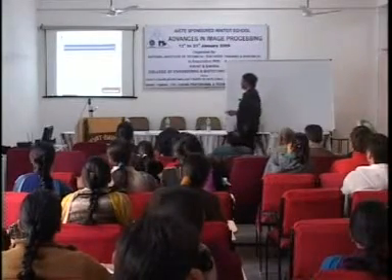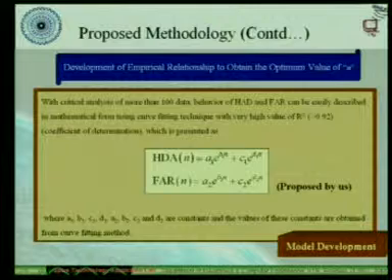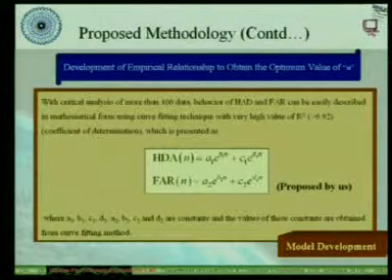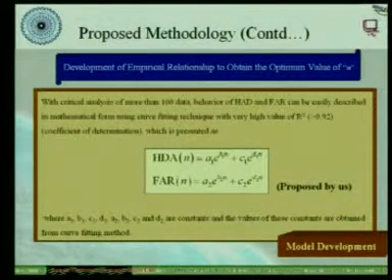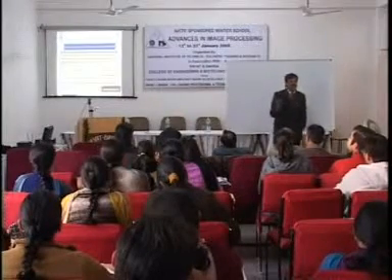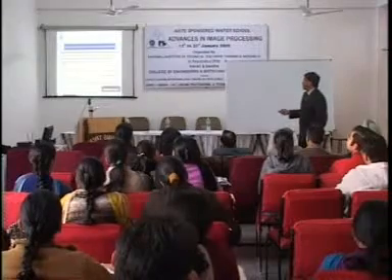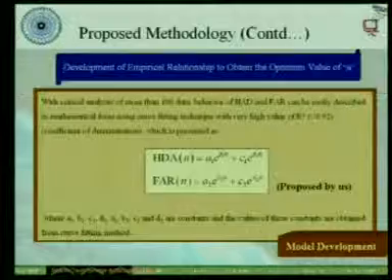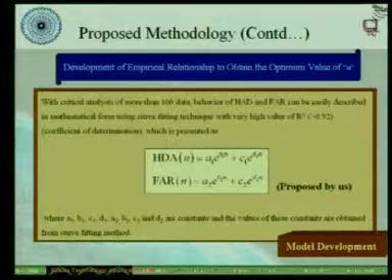Next one. So we have developed a relationship. HDA and the false alarm rate are both very much dependent on M, as they are a function of M. So we have developed a function. So this is the function. Next one.